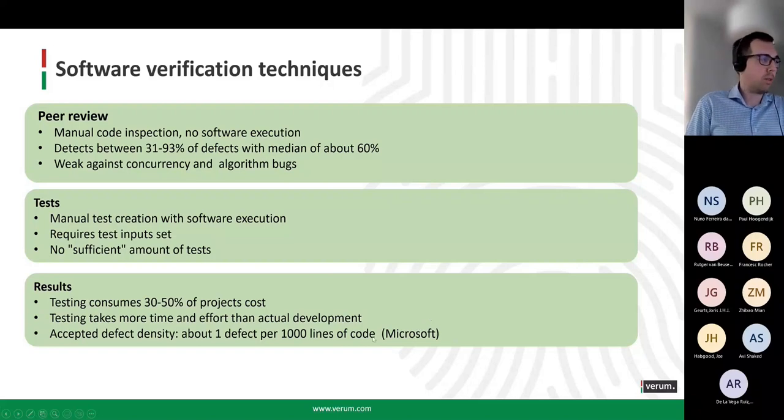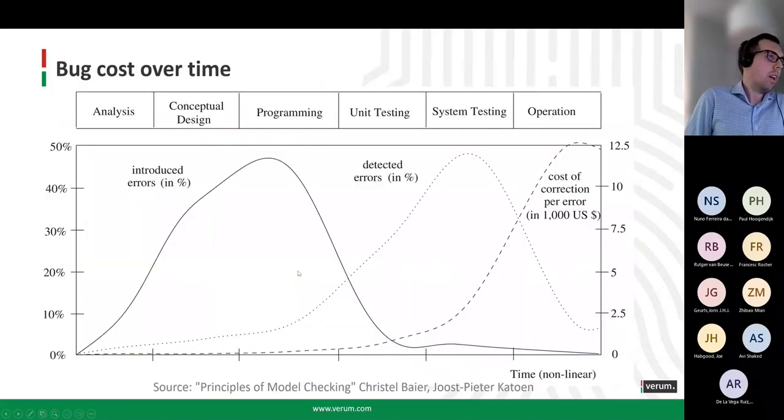In the late 90s, Microsoft said that the accepted defect density is 1 defect per 1,000 lines of code, because there's no sense in spending so much time and cost just to find all those minor bugs. So they just accepted a maximum amount of bugs.